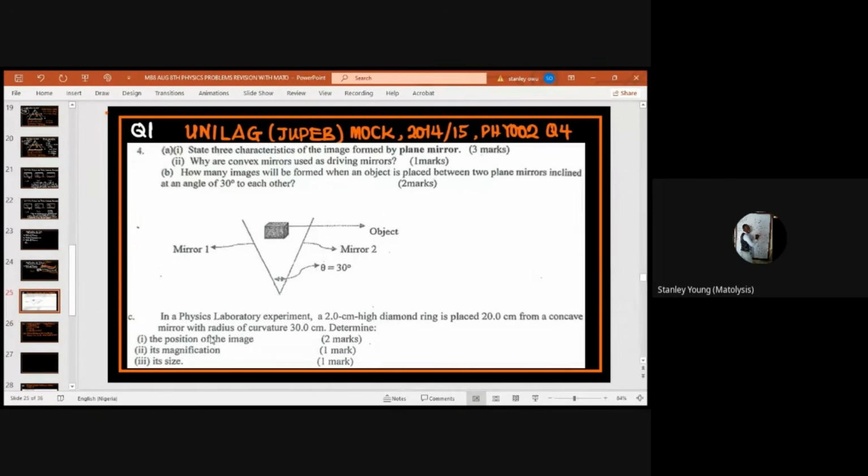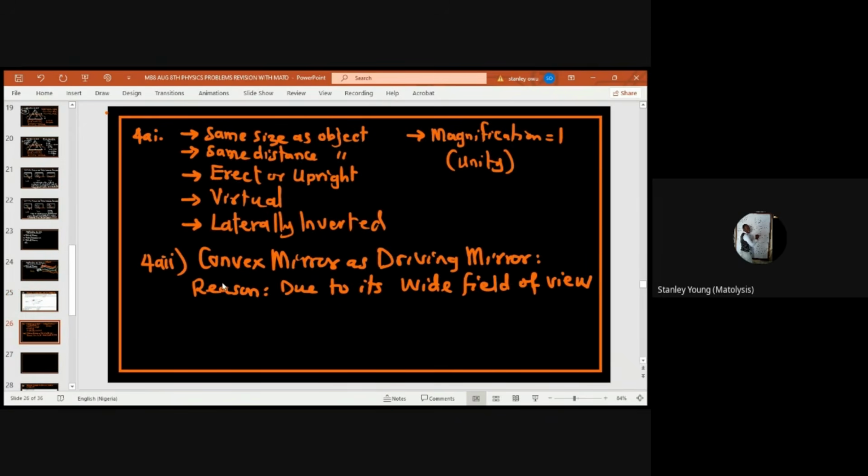Next question for B. How many images will be formed when an object is placed between two mirrors inclined at angle 30 degrees to each other? This question falls under inclination of mirrors.